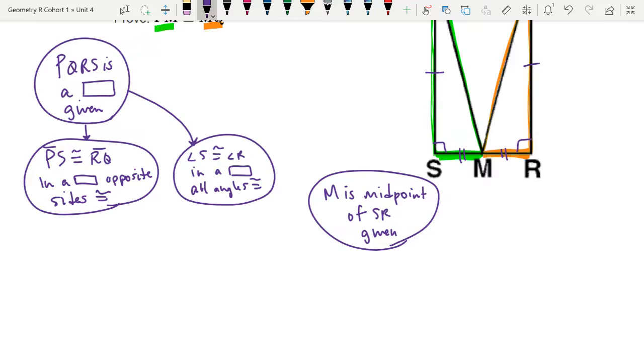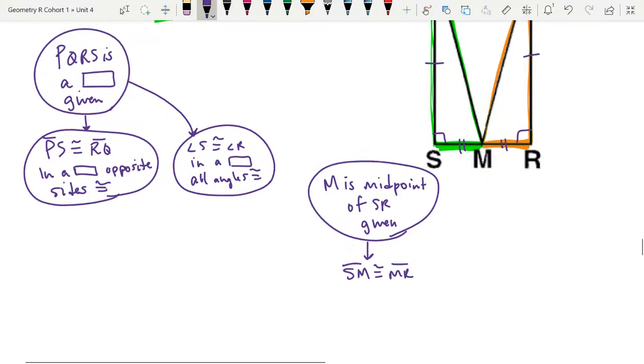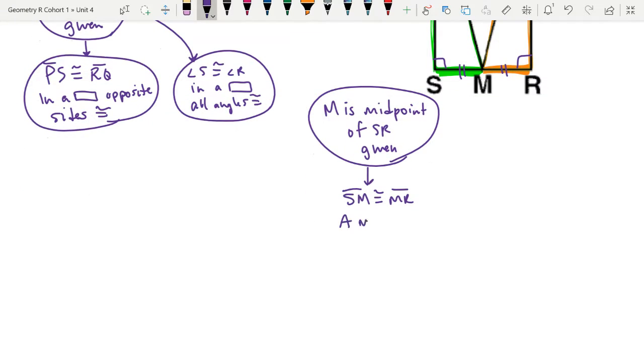So from that, I can say SM is congruent to MR because a midpoint divides a segment into 2 congruent segments.